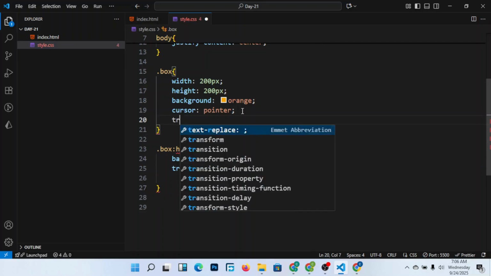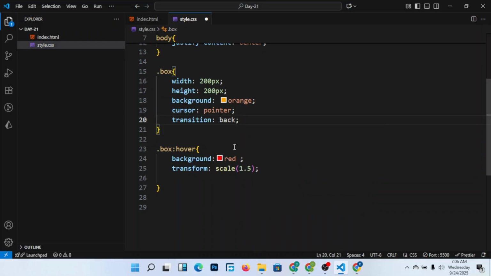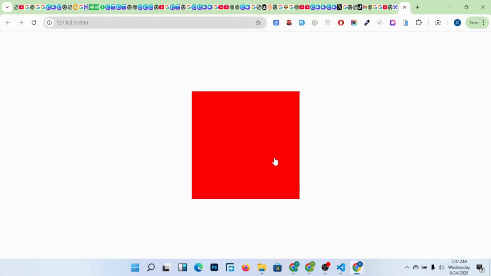I say transition, background 0.4s, transform 0.3s, like this. It's how it looks.